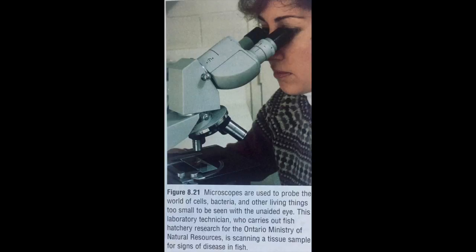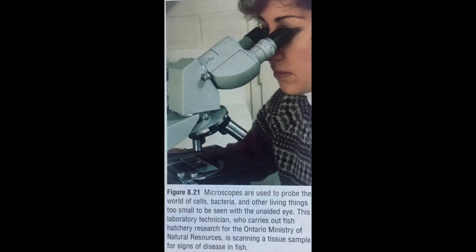Microscopes. As you learned in Chapter 1, a magnifying glass is simply a kind of microscope. Effective magnifying glasses can magnify objects up to 10 times their normal size. A compound light microscope can magnify up to 2,000 times. See figure 8.21.